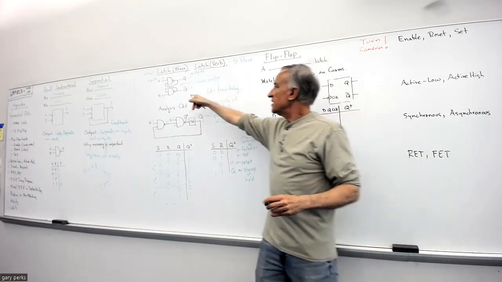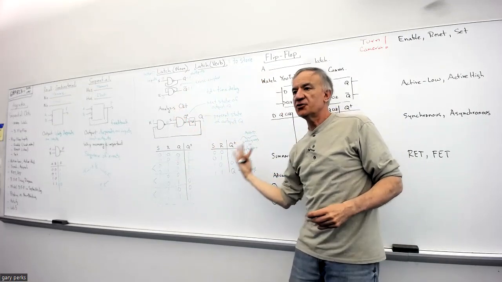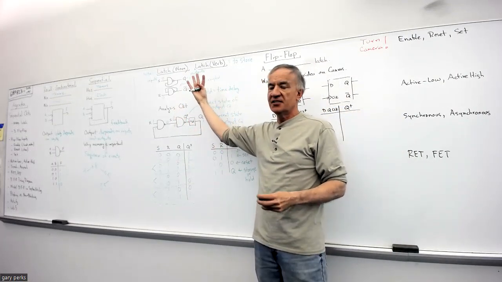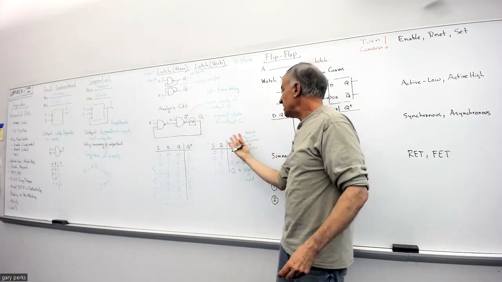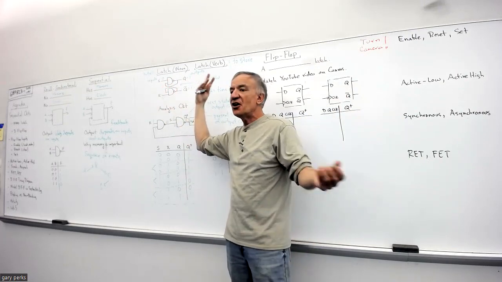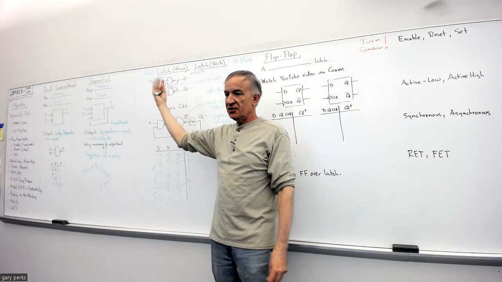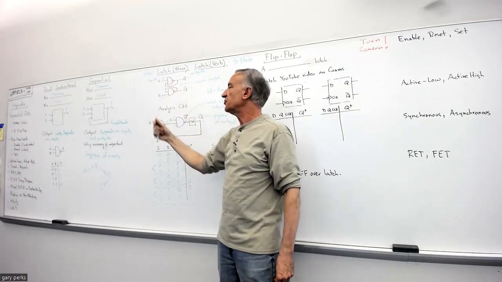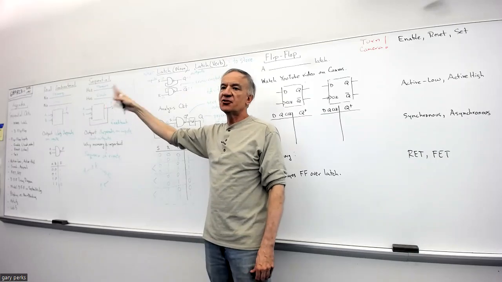The reason this latch exists is because of this row here, storage of data. That's the unique feature, right? That's its purpose. The forbidden state is just baggage. It just kind of comes along with it. And you see, this latch, whether you have cross-coupled NANDs or cross-coupled NORs, is the most primitive way of storing data.